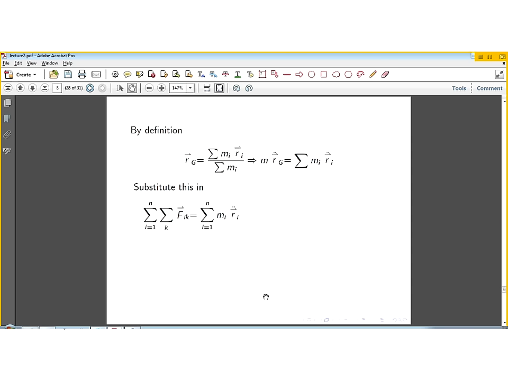We can substitute this back into the equation, which means that this form can now be expressed as this equation, which really says that on the left-hand side we've got the sum of all external forces, or the resultant of the external forces acting on the system, is equal to the total mass of the system multiplied by the acceleration of the center of mass.